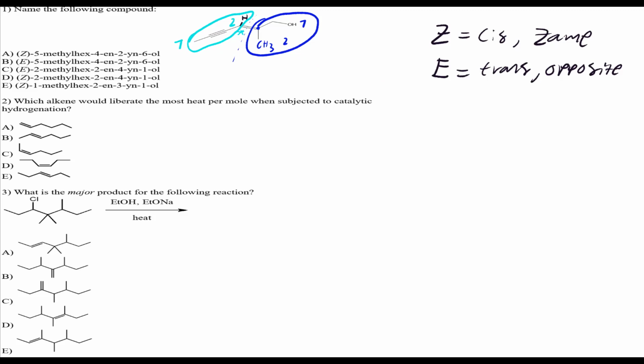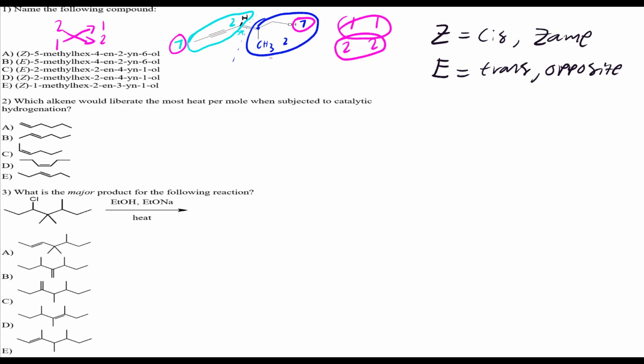Okay, so now you're noticing that your 1s are on opposite sides, right? So we have a 1, we have a 2, and a 2. That's trans because 1 moved and 2 also moved. And so that's trans. This would be cis, right? Because 2 is on the same side, 1 is on the same side. But for our compound, it's going to be trans.